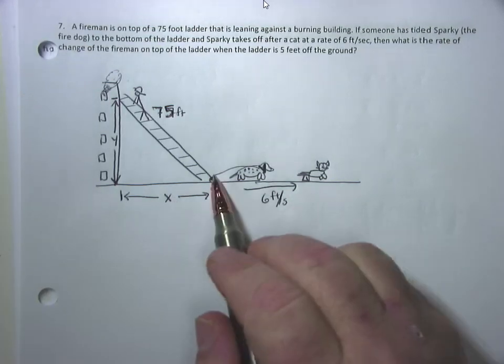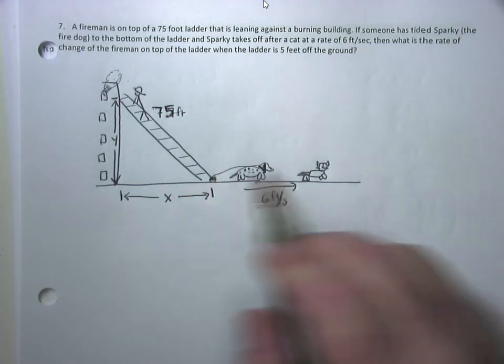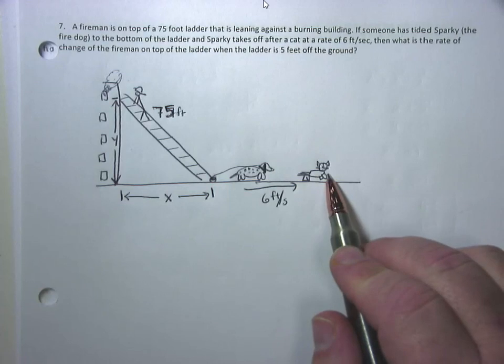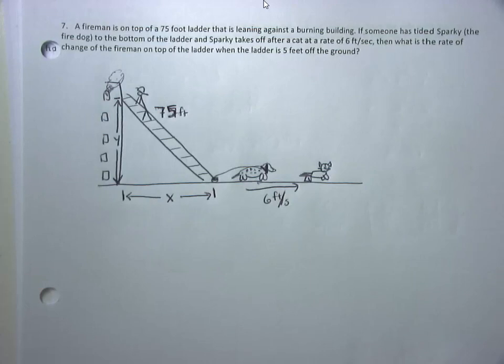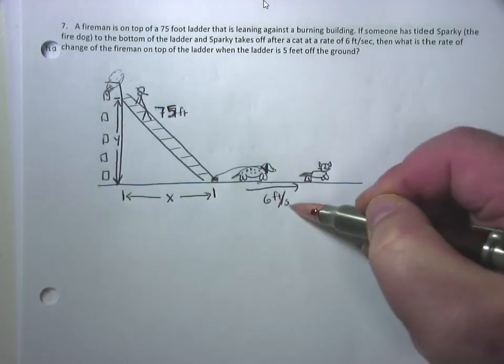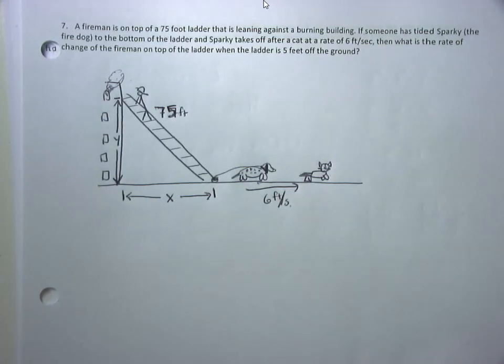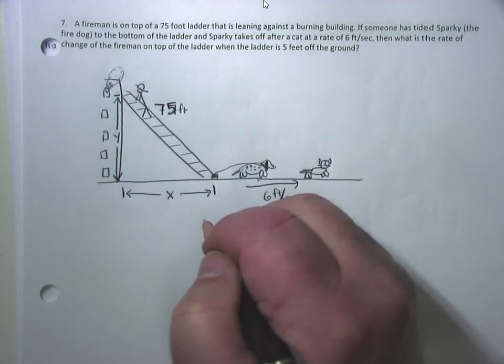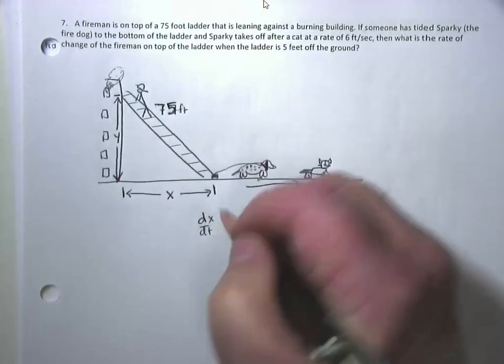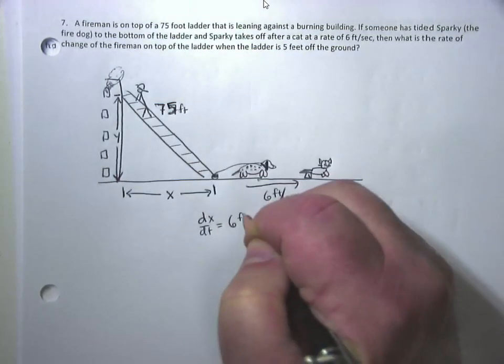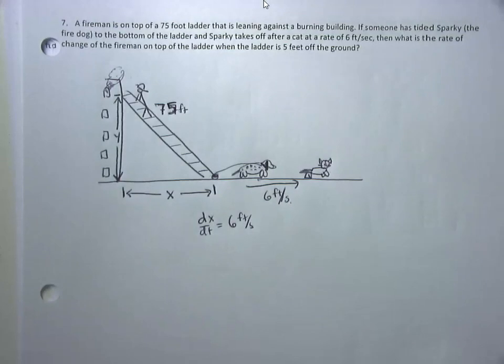Since Sparky the fire dog pulls the ladder with him after he goes after the cat at 6 feet per second, the bottom of the ladder is going to be moving out at 6 feet per second. This is a derivative, feet, hint, hint, hint, per second. Whose derivative is this guy? This is dx over dt. It's the movement in the x direction. dx dt is 6 feet per second. Does that make sense? What are we interested in?